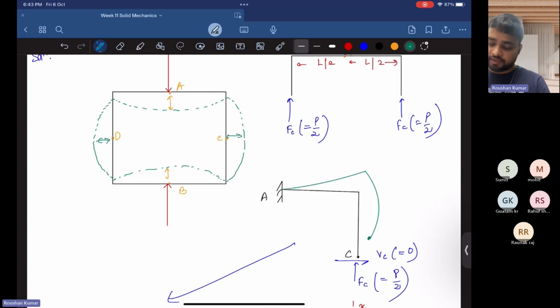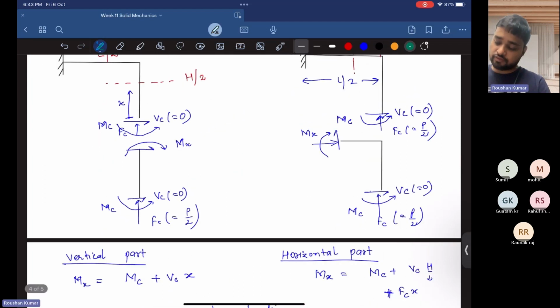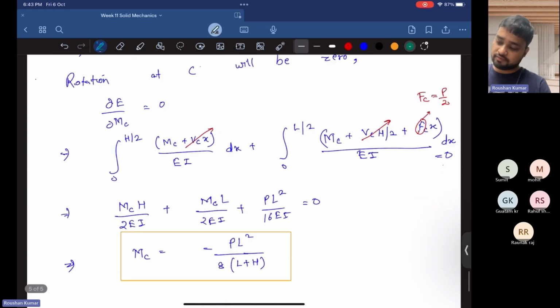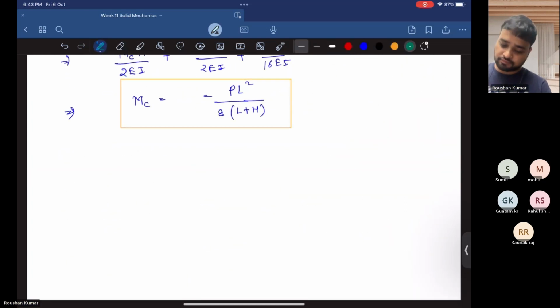So we can say that the displacement of CD will be 2 times the displacement of C, and similarly the displacement of AB will be 2 times the displacement of A. So let's write this. Delta, that is the displacement of CD, will be equal to 2 times the displacement of C.